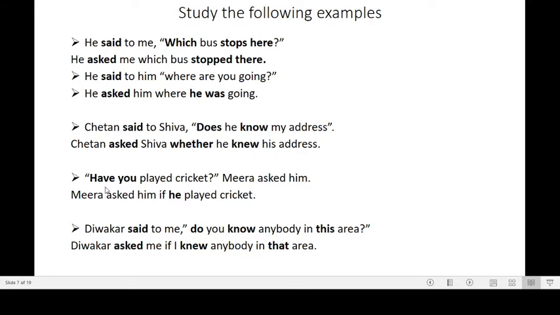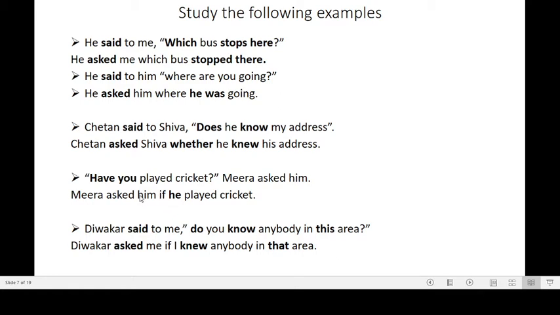Here, look at this. "Have you played cricket?" Meera asked him. Here, this is an interrogative sentence and it is a yes or no question because the question has started with an auxiliary verb "have". And "have you played cricket" is in present perfect tense. And "you" becomes "he". Meera asked him if. See, another thing, the word "if" is used.